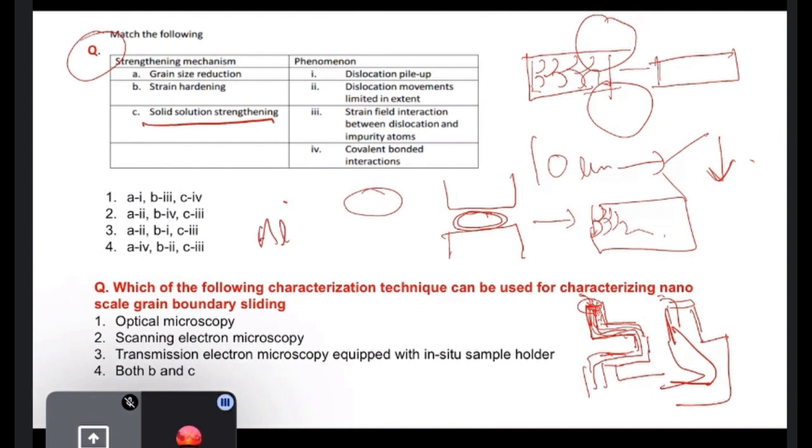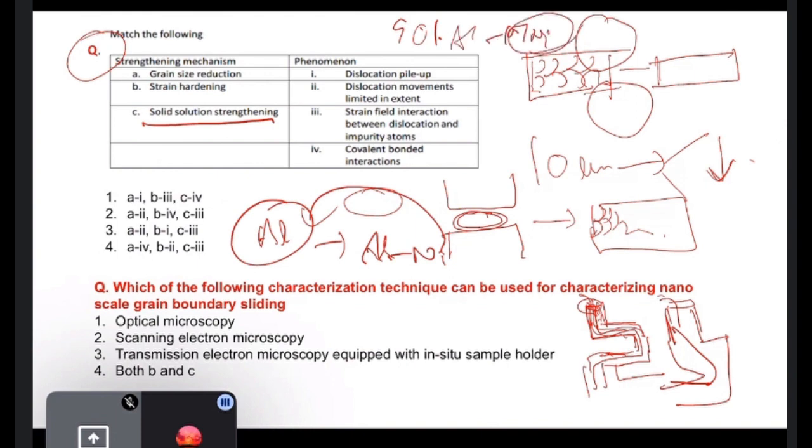Suppose I have aluminium and I have to make an aluminium-nickel alloy. So I will put some nickel into it. In such an alloy, maybe 90% is aluminium and only 10% is nickel. So what is it doing? Strain field interaction between dislocation and impurity atoms. I'm introducing some impurity atoms into the pure sample in order to strengthen its mechanical properties. So C is matching with third. So this option is incorrect.